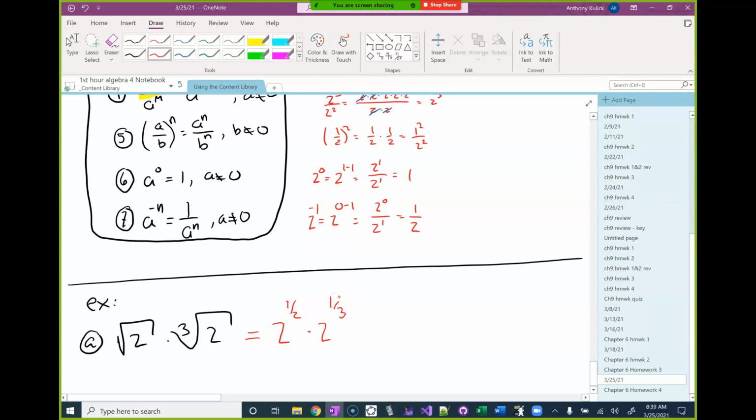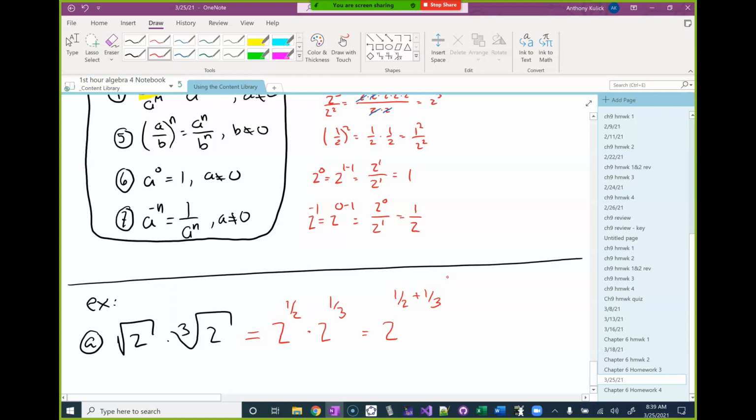I can then use property 1 from my list above to rewrite that as 2 to the 1/2 plus 1/3. To add 1/2 and 1/3, I need to make a common denominator. What would the least common denominator be between 2 and 3? Would be 6, right?